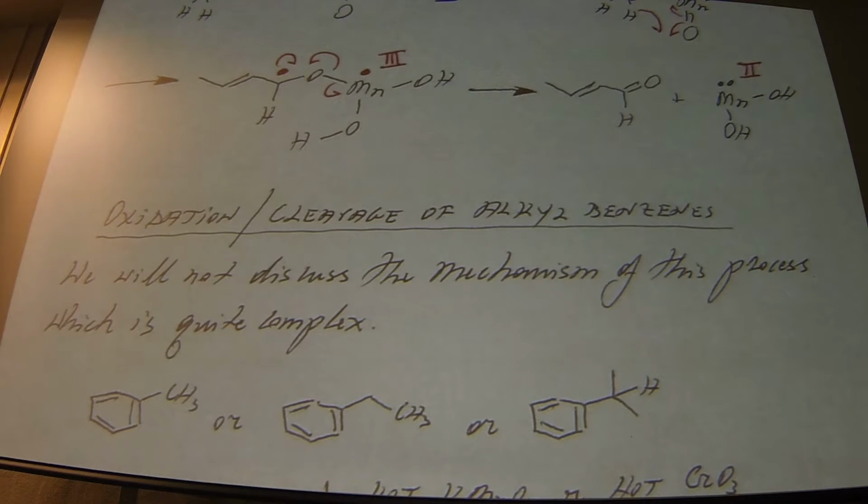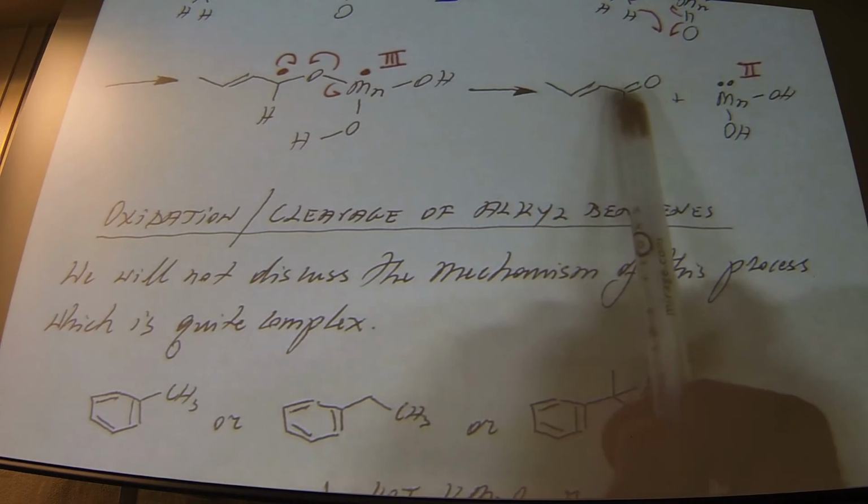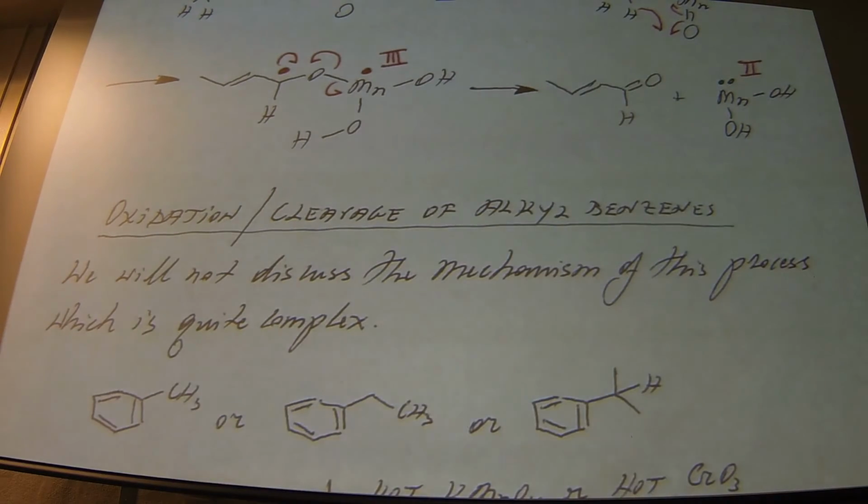So remember, the manganese dioxide only oxidizes allylic alcohols, right? And so you know that you can oxidize an aldehyde to an acid, but that happens with chromium trioxide when there's water present. Remember we talked about that.